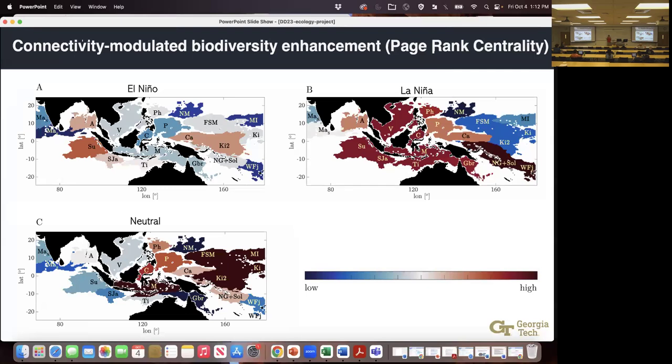So ENSO, first and foremost, is what created this hotspot in biodiversity. If we didn't have ENSO, we would not have the diversity of reefs and fish we have in that area, because it's really helping the exchange of larvae from one place to the other, and the survival of those places, by being so dynamic.